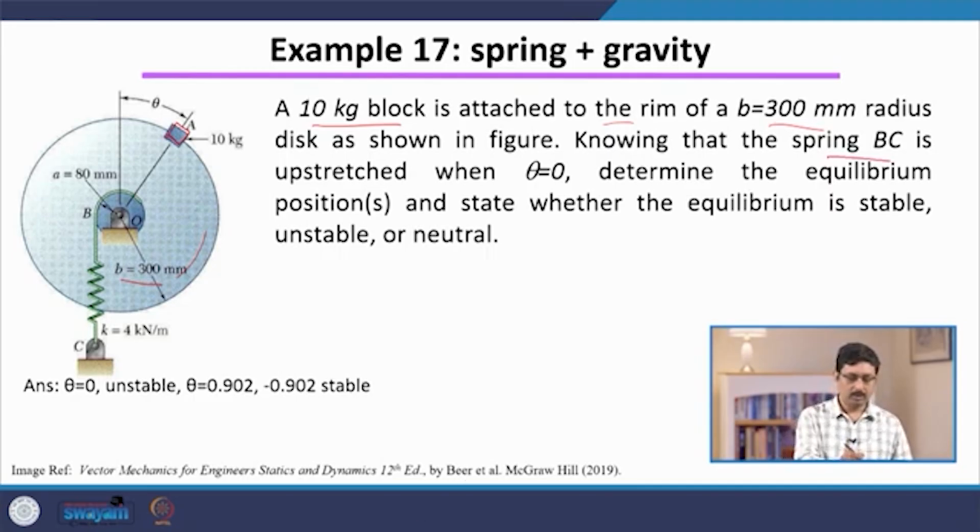Let us say the vertical position is where the spring is unstretched. If you move the block in this direction, then because of the way this mechanism is designed, the spring is going to stretch, and if you move the block in the other direction, the spring is going to compress.